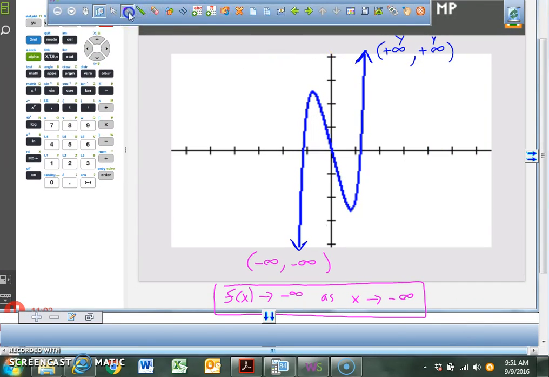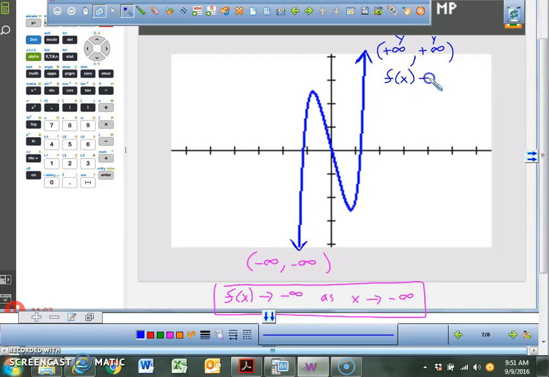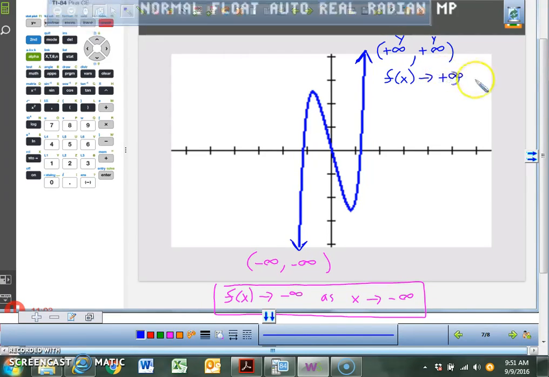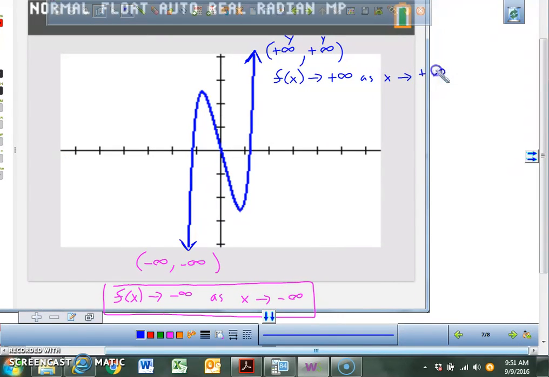Up here, I'm going to change my color to blue. How am I going to write this? F of x approaches what? My y values approach positive infinity as x approaches positive infinity. If students mess up, let me tell you where they mess up. They mess up when they end up switching the negatives and positives. All right?